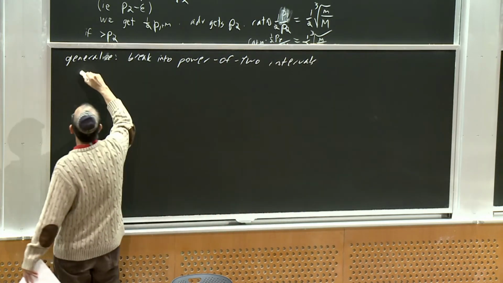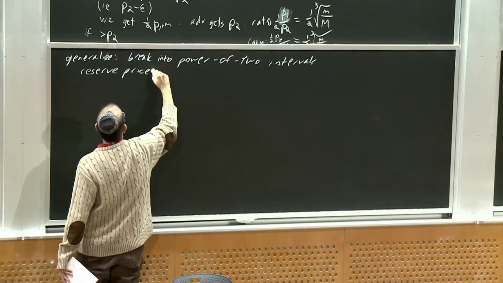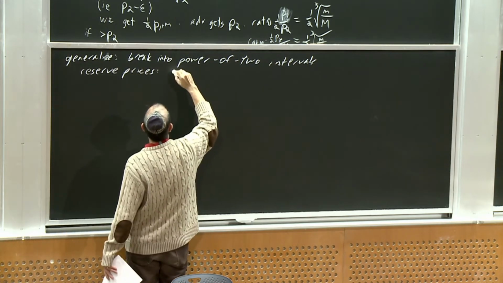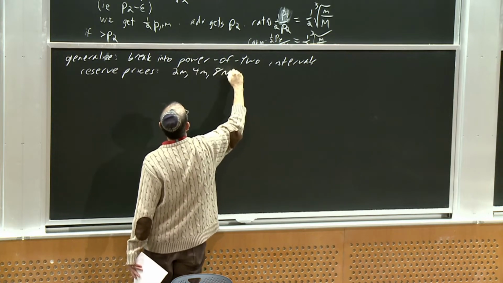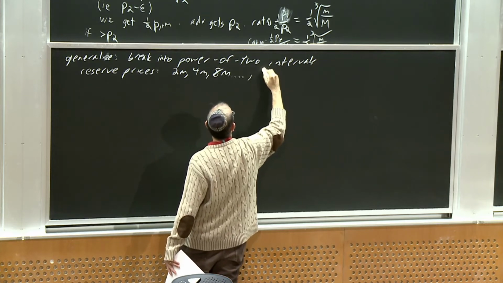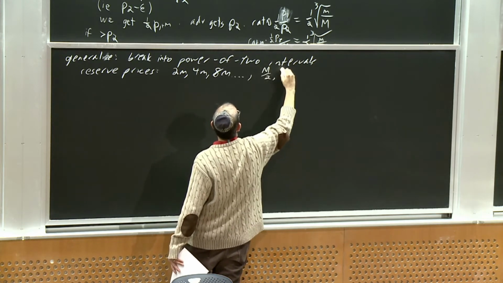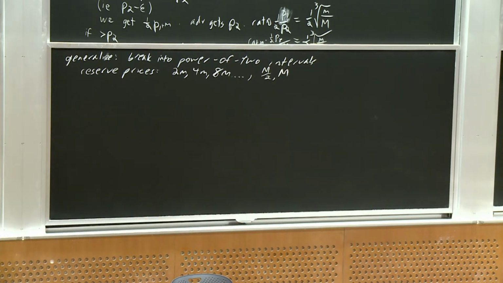So your reserve prices are 2m, 4m, 8m, and so forth, up to m over 2 and m. Here I'm assuming big M is a power of 2 times little m.